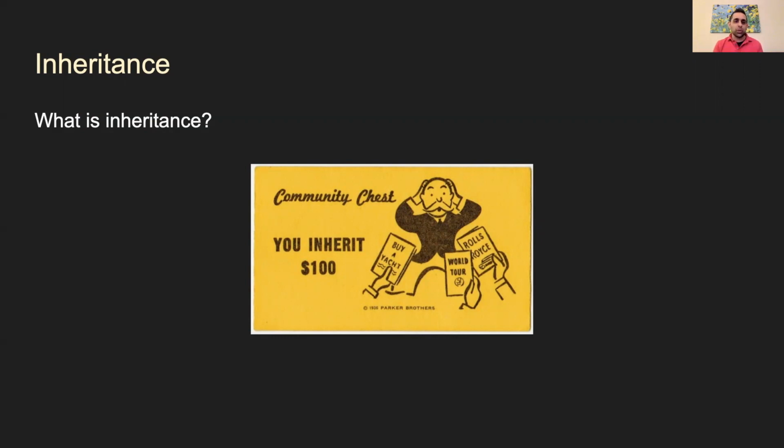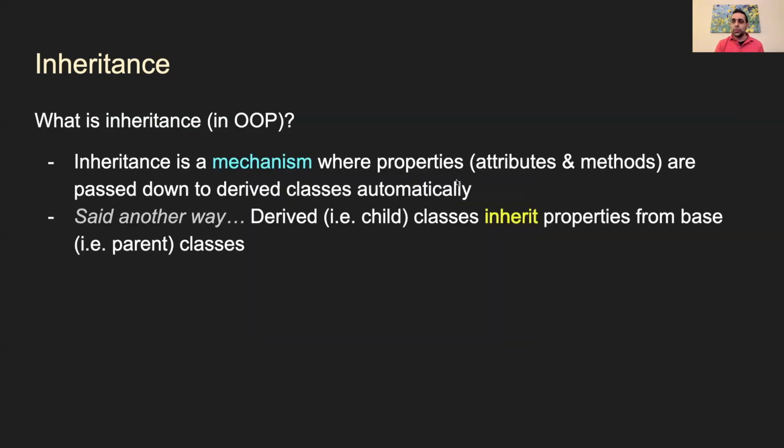Also, we are familiar with it in a biological sense, where we inherit traits from our parents, for example, eye color or hair color or things of that nature. So I think we have a good understanding of what inheritance is, and luckily it's not too different in the object-oriented programming sense. So let's talk more about that.